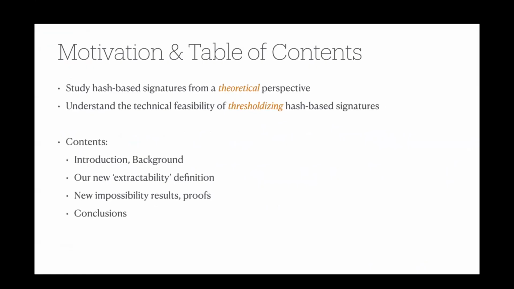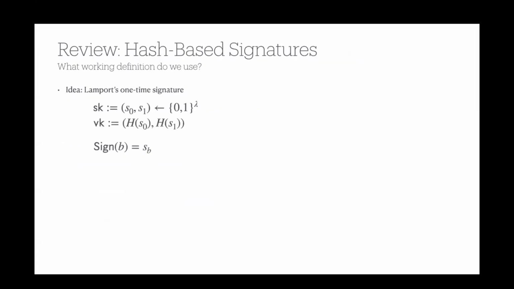I'll give you some additional background, talk about the scope of schemes that our work covers, and then show some possibility results related to what you can and can't do if you're planning on threshold signing hash-based signatures, and also some idea of what conclusions you should draw from it.